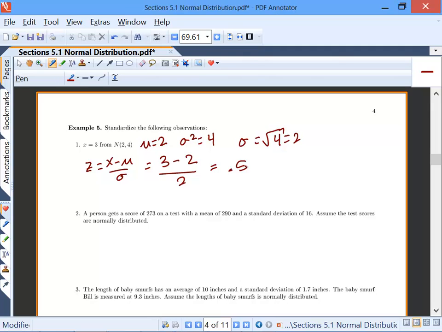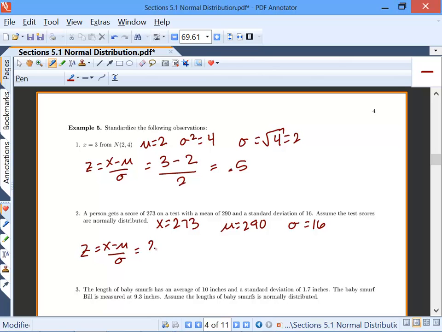So for my next one, a person gets a score of 273 on a test, so x equals 273, with a mean of 290 and a standard deviation of 16. Assume the test scores are normally distributed and we want to standardize our x value. So again, I just plug everything into my formula.